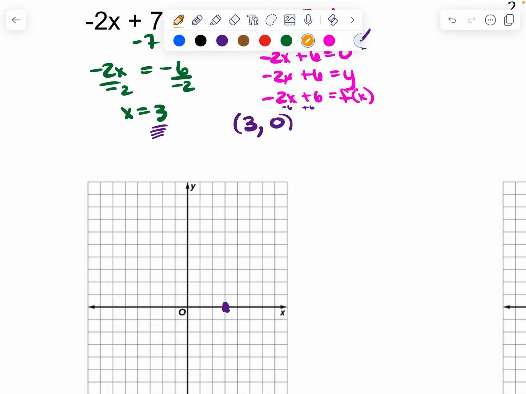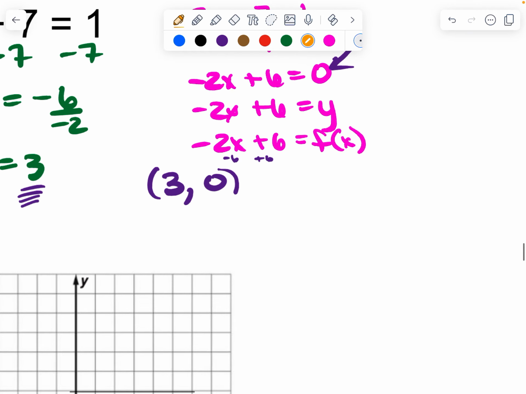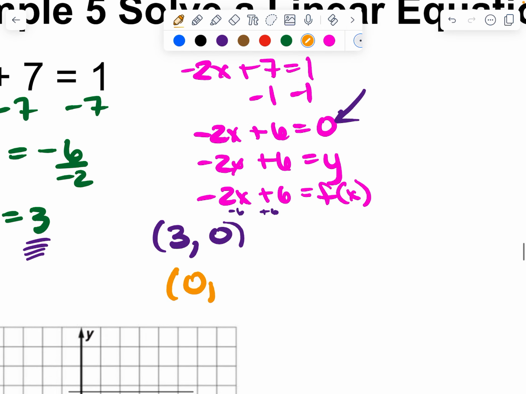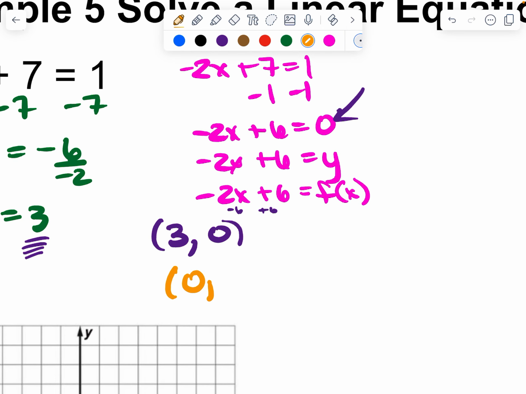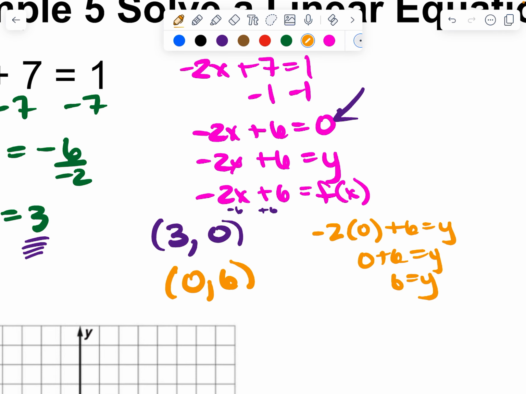And then my y-intercept. My y-intercept means that the x value is 0. So if I was to plug in x is 0 right here, I would get 0 plus 6 equals y, so 6 equals y. So that's 6.